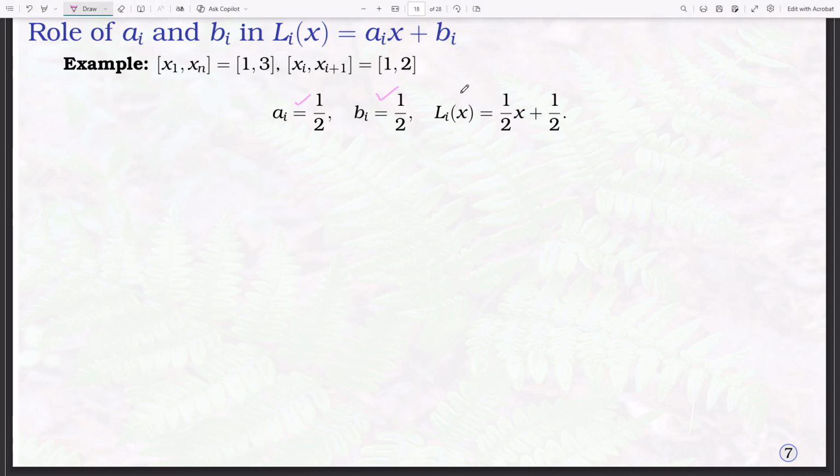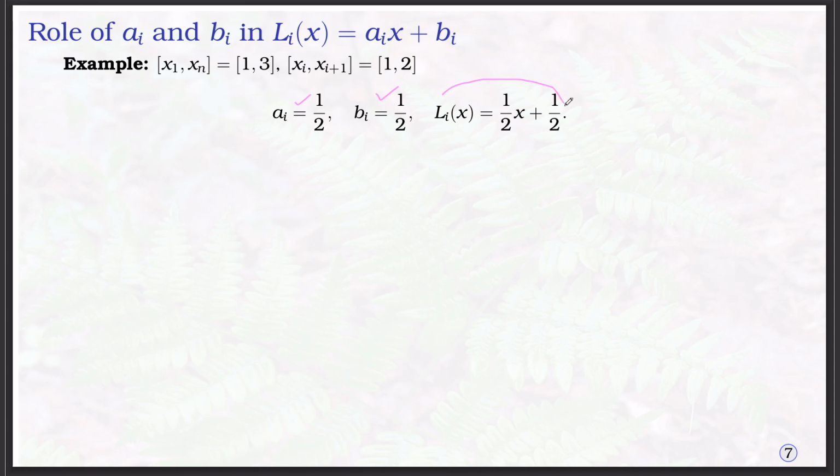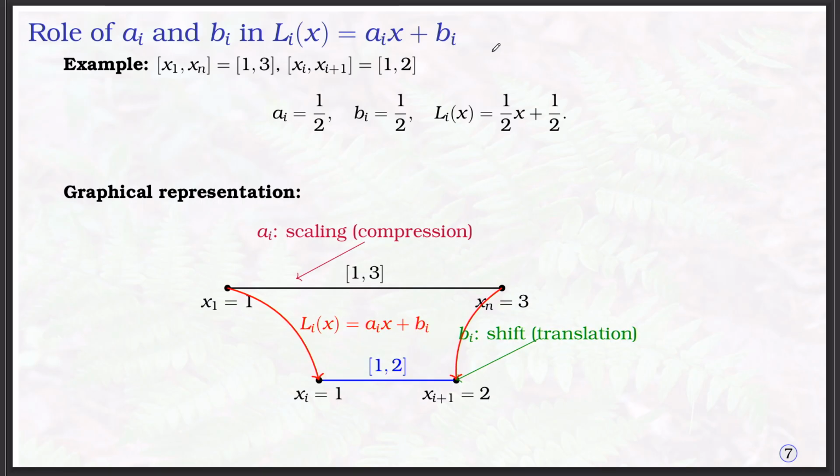Now, we will see what is the role of this mapping when it maps the interval 1 comma 3 to 1 comma 2. Actually this time 1 by 2 contracts the whole interval.